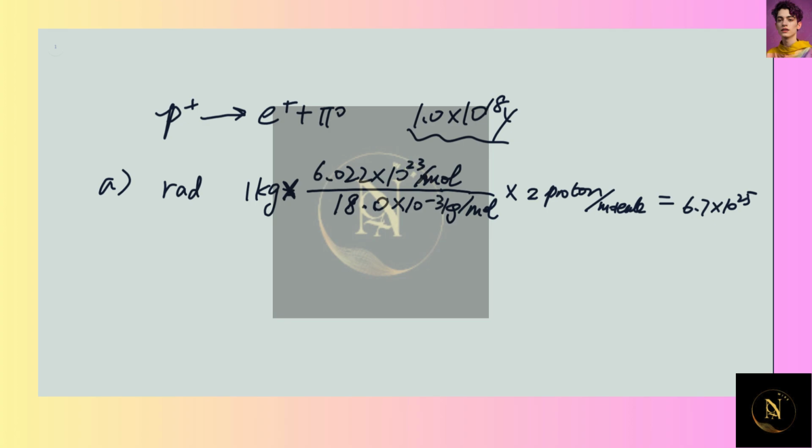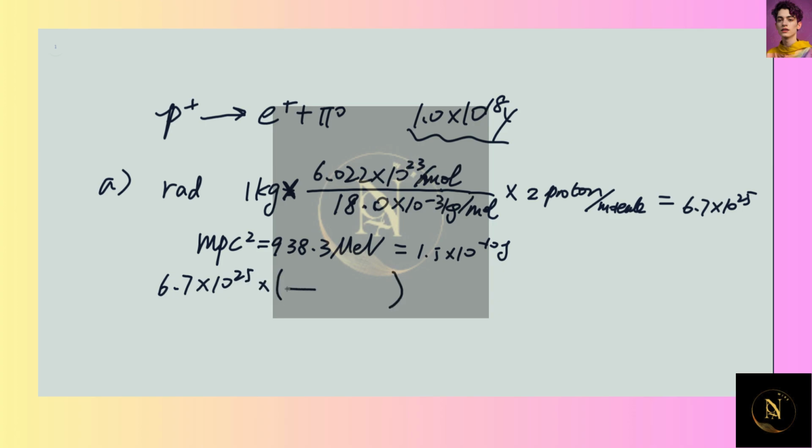And then we know that each proton has an amount of energy, m_p c squared, of 938.3 MeV. If we convert it into joules, it's 1.5 times 10 to the negative 10 joule. So given this information, the energy deposited in a year per kilogram is going to be the number of protons times, in a year, 1 over 10 to the 18 years.